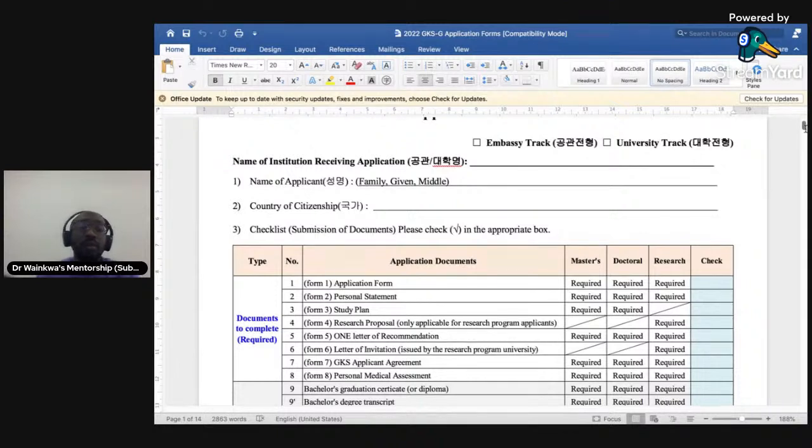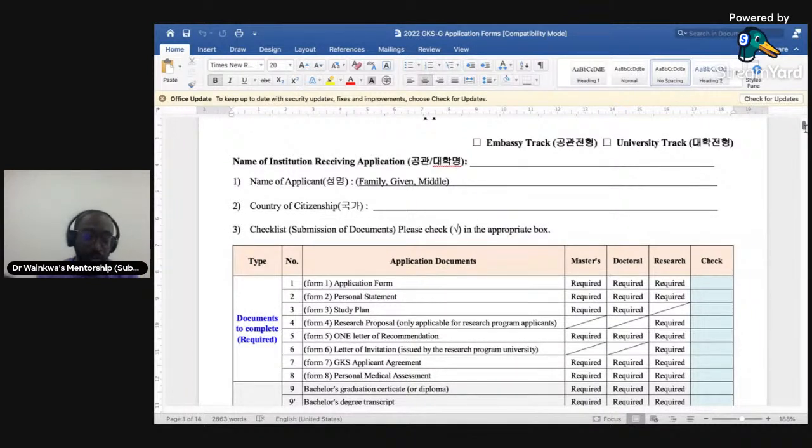Form one is usually basic information where you mention if you're applying by the embassy track or the university track. This part is very important, because if you're applying through the university track and you tick embassy track, you might end up having your document rejected. For the embassy track, you have three choices of universities to choose from, and you also have to verify whether your country is eligible for the embassy track.